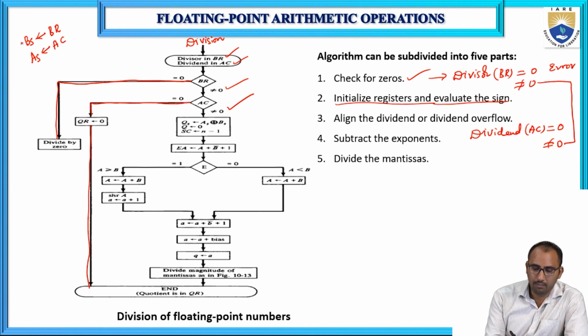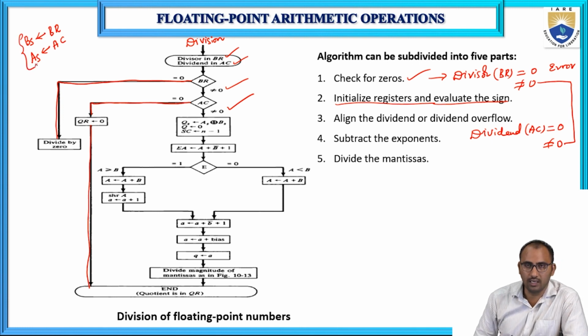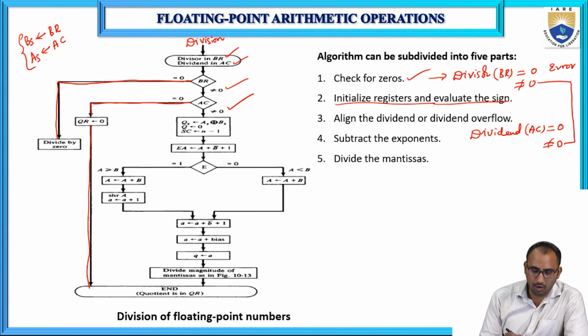Between these two, we perform a XOR operation. What is XOR? If the inputs are the same, the output is 0. If the inputs are different, the output is 1. That is an exclusive OR operation.